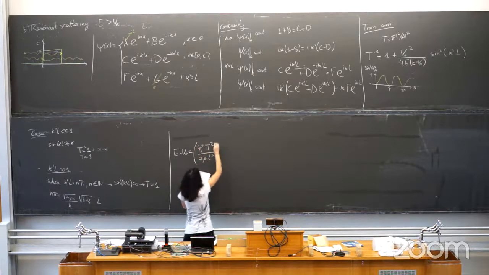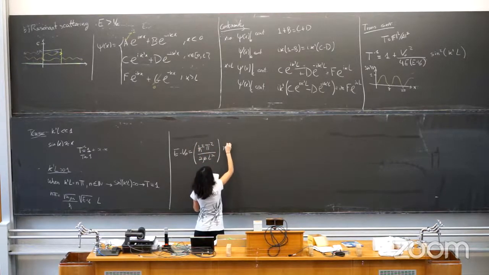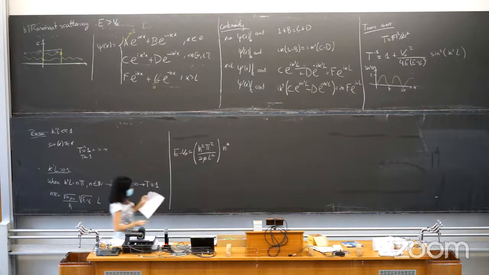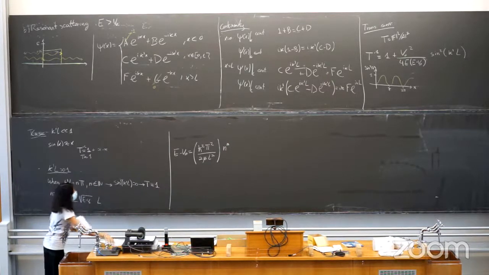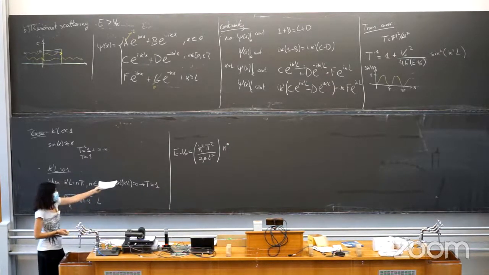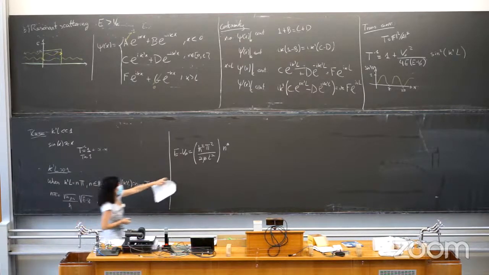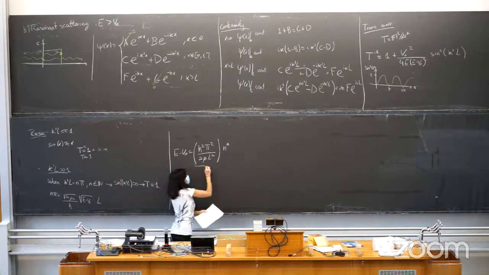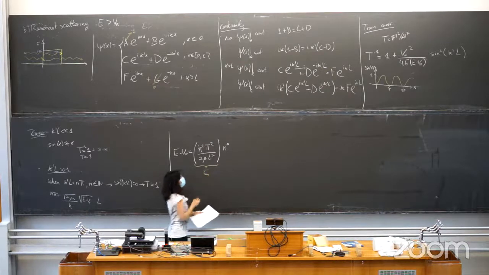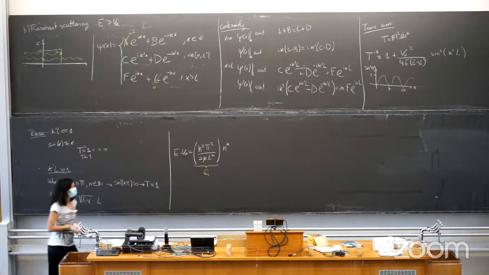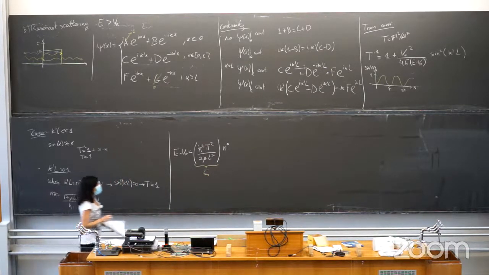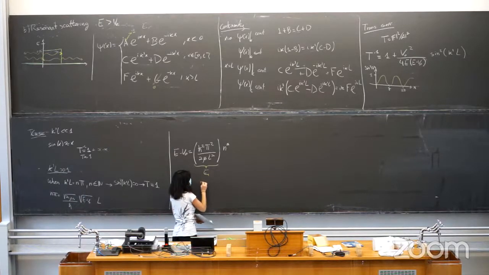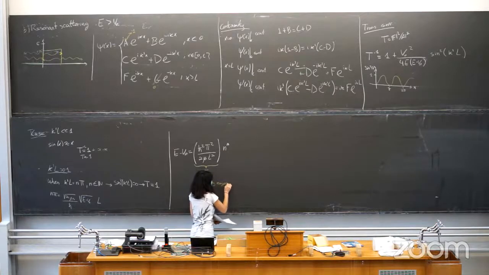N square. And now this should be familiar to you, because this thing on the right, these are the energy eigenvalues of the particle in the box, right? So E minus V0 is the thing we did at the beginning of last week.